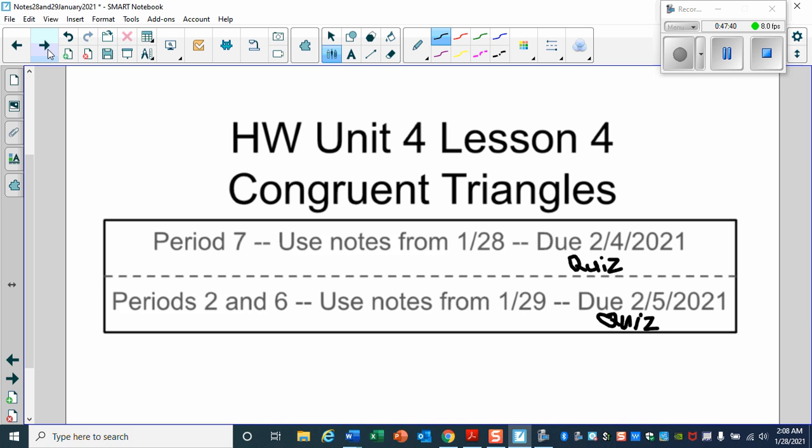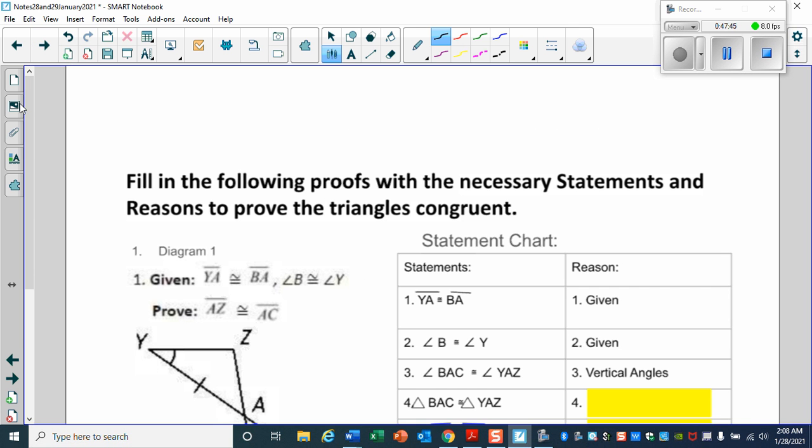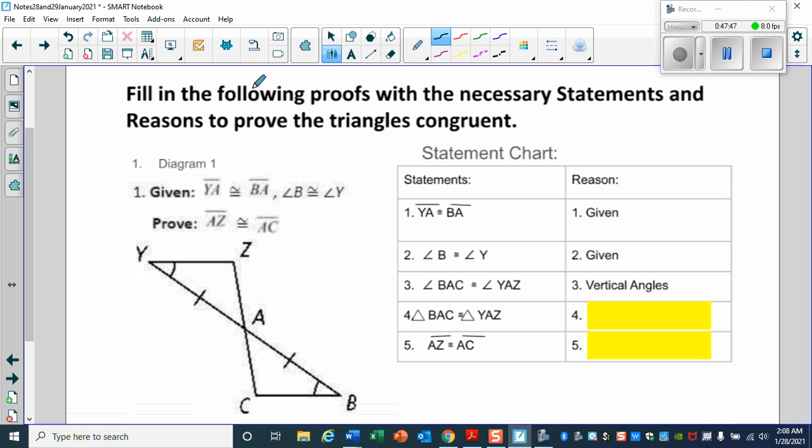We're going to go over some hints on the homework problems, and then we're going to finish. So, for instance, problem 1. I told you the steps.